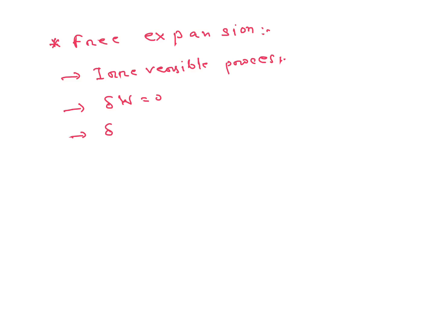Del Q equal to 0, heat transfer. Change in internal energy is also 0. Initially temperature equal to final temperature. Free expansion example is expansion against vacuum, which is called free expansion. For free expansion, internal energy is the same.